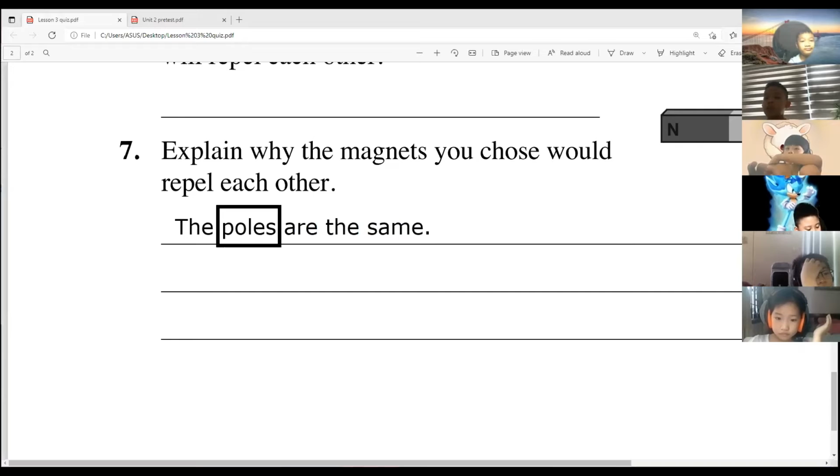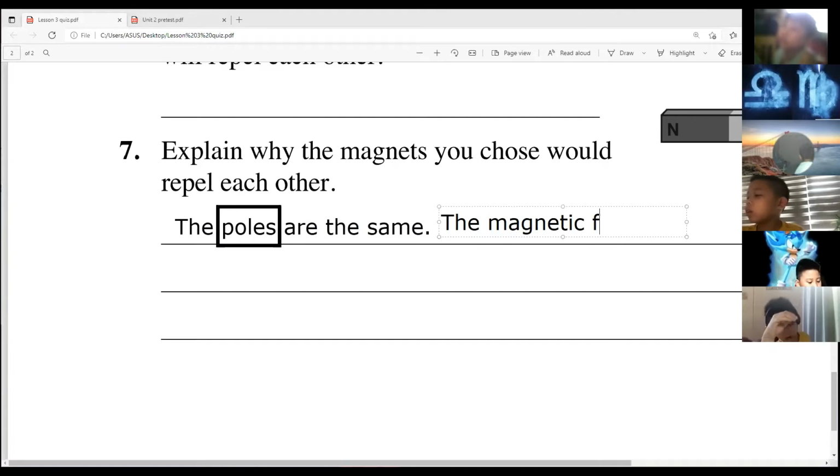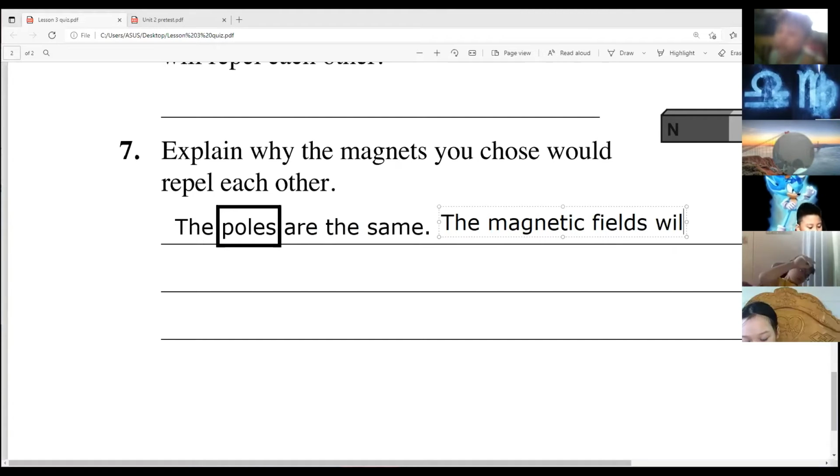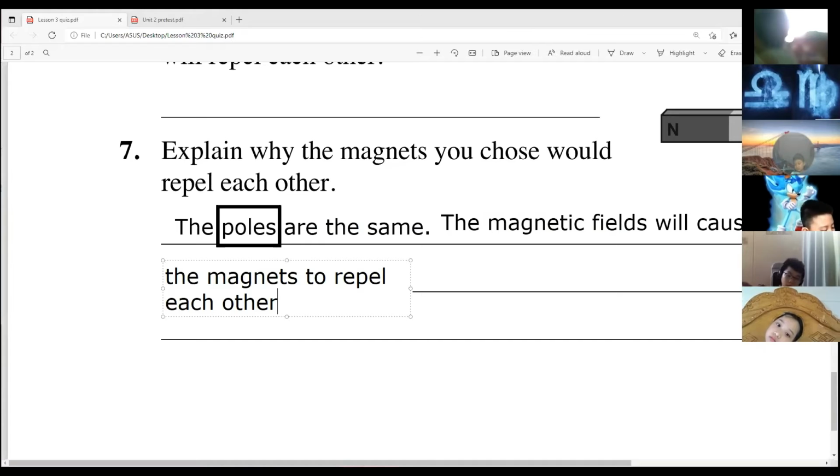Sina, what's the invisible thing that is around a magnet? Magnetic field. Yes, so you could also write, the magnetic fields will cause the magnets to repel each other.